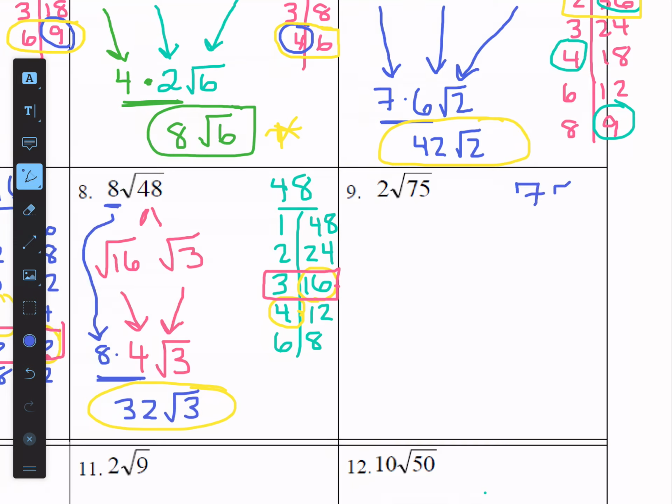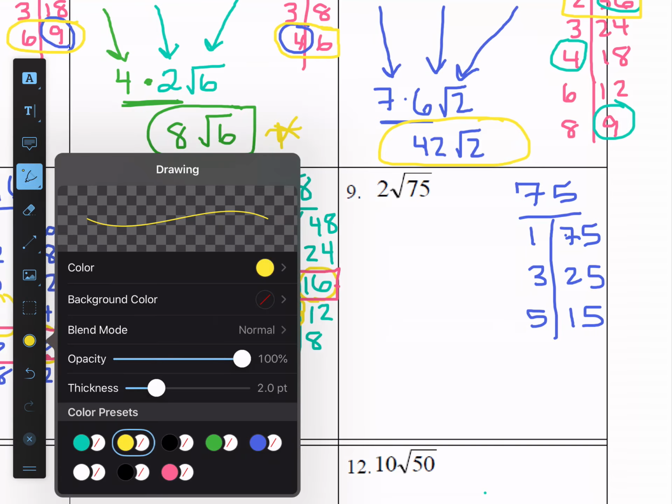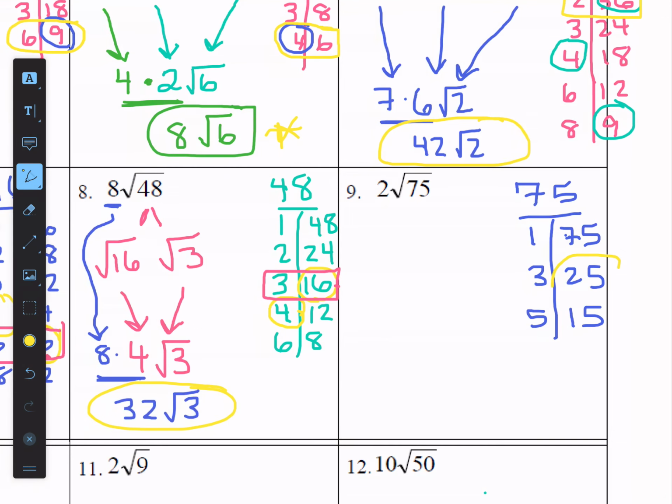All right, so number 9, 2 radical 75. Okay, so my factors of 75 are 1 and 75, 3 and 25, 5 and 15. So looking at this list, we've only got this guy right here, in addition to the 1, obviously. So we don't even need to look for the largest because he's right there. So we're using 3 and 25. So this gets broken down to radical 25 and radical 3.